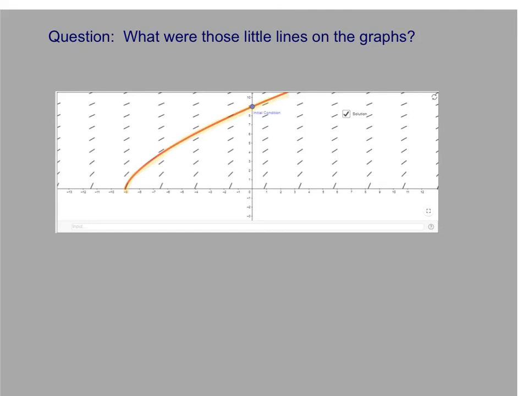It certainly looks to me like this graph kind of almost follows the path that's put on the screen by those little lines. And I'll tell you this, all those lines on this graph are what we call a slope field. And that is the subject of this next lesson.